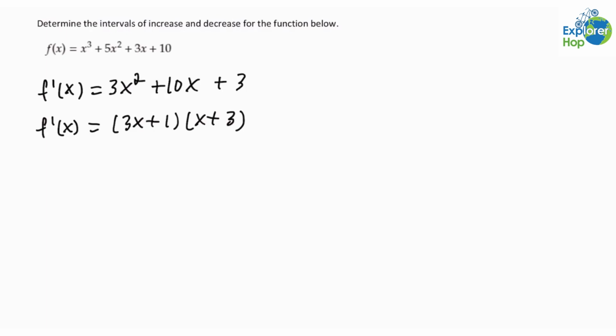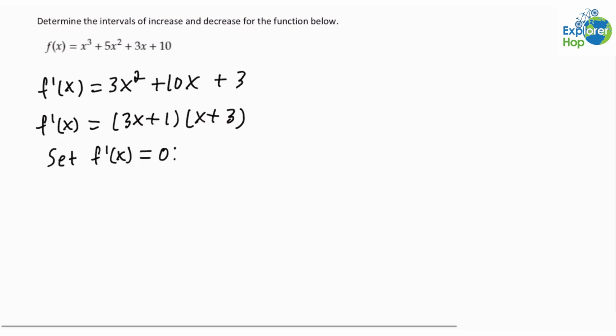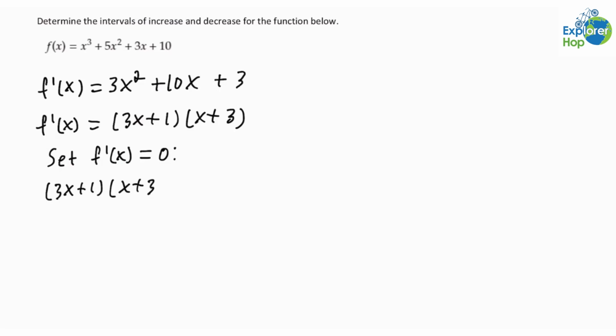Now, we set the derivative equal to 0. Which means that 3x plus 1 times x plus 3 is equal to 0.